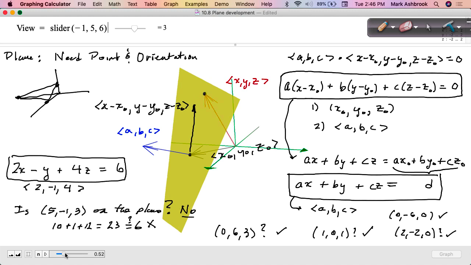No matter where that point is, the vector from x naught, y naught, z naught to that point will be parallel to the plane, and therefore orthogonal to my orthogonal vector, and this will always be true.